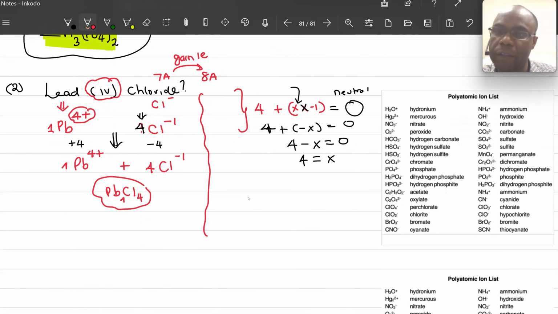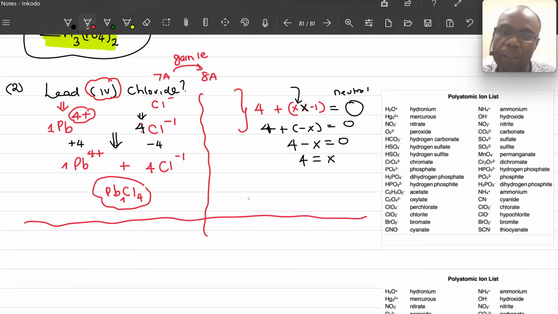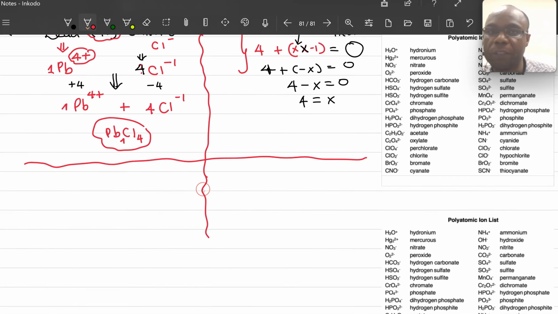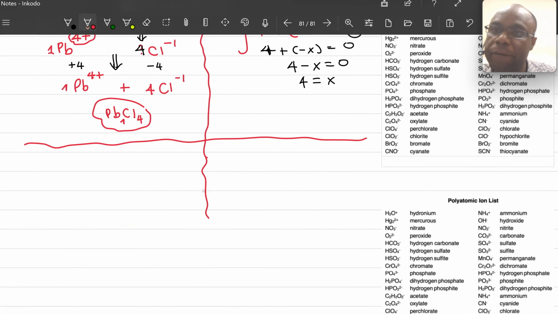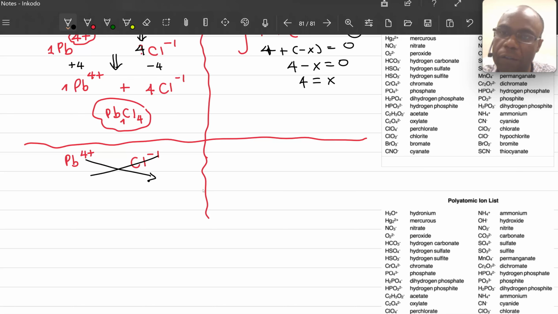The other way, using the method I've been using, dropping the powers, will be Pb 4 plus, that's the lead 4, and the chloride, they need to combine. This is negative 1 because chlorine gains 1 electron to be stable. So just drop the absolute number 4, drop the absolute number 1. So 1 goes here, 4 is going to go there. What do we end up with?